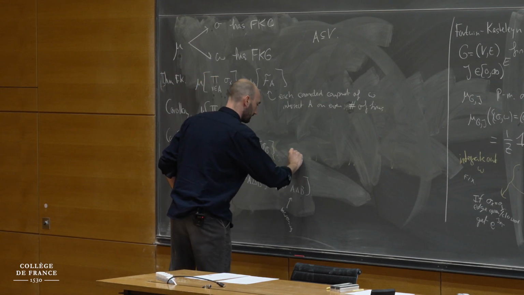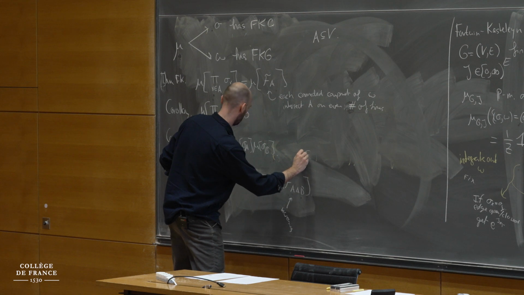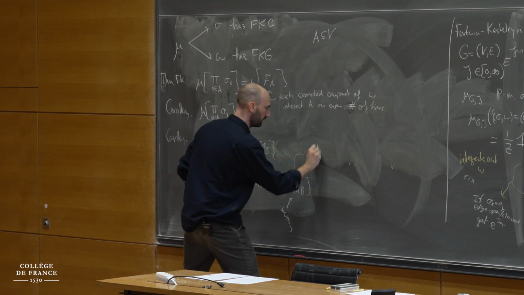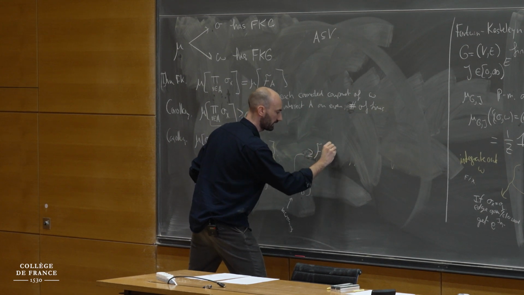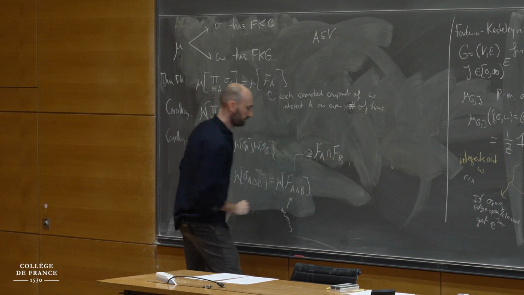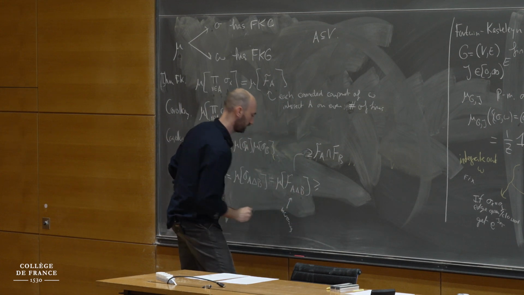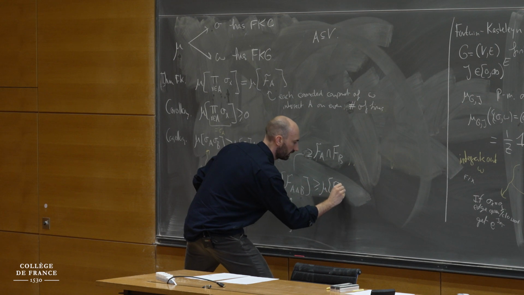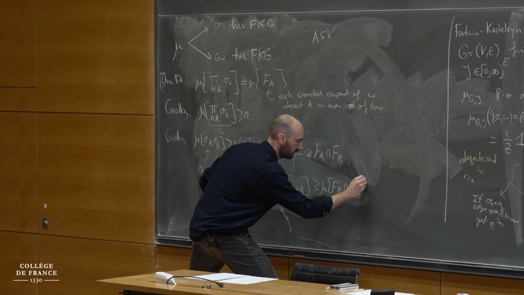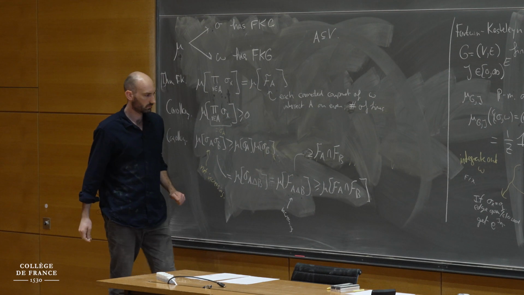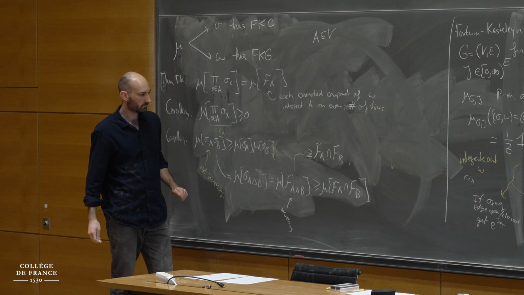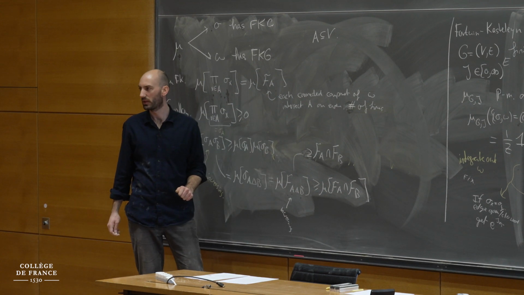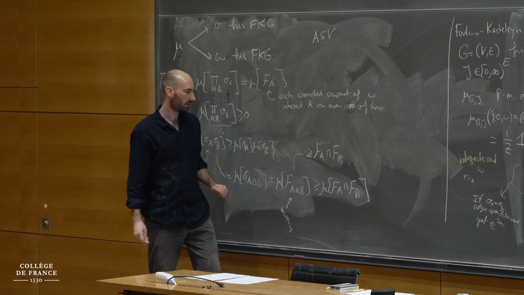So this event contains the event F_A intersection F_B, and therefore we have, and now those two events are both increasing, and we have the FKG inequality for the percolation model.